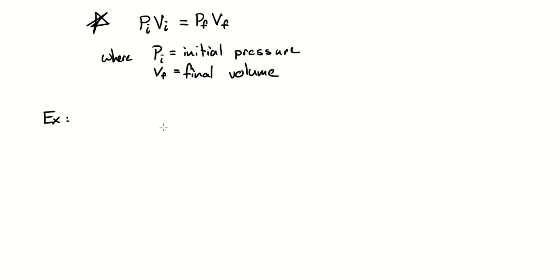Okay, let's knock out a problem here. I think neither of these are super challenging. We'll do a Boyle's example. We'll do one together, and then I'll have you do one with your neighbors. So we're going to take some helium. What is helium? Yeah, it's one of the things you put in balloons.